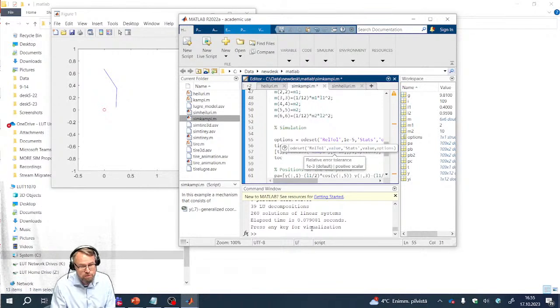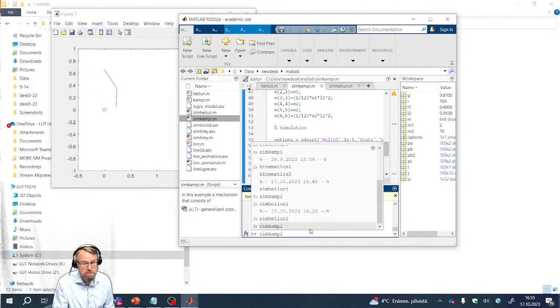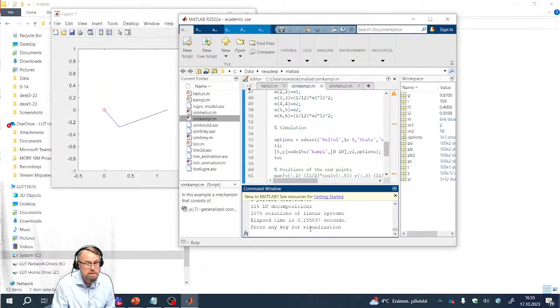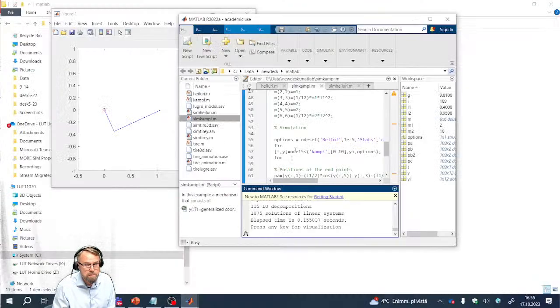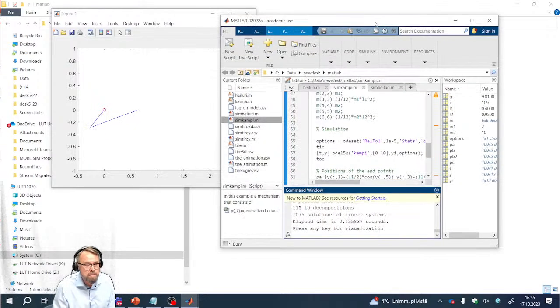I'm going to increase the error tolerance, which is another shortcut to make the same thing happen. You don't see anything. Okay, let me solve it again. Oh, it's still moving. This is how the crankshaft mechanism is moving.